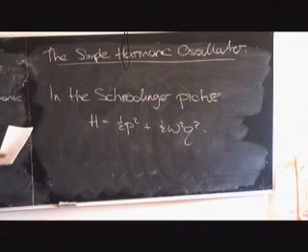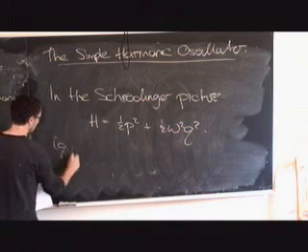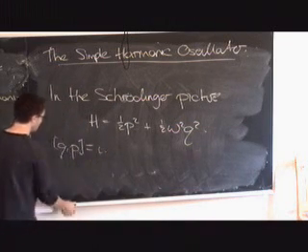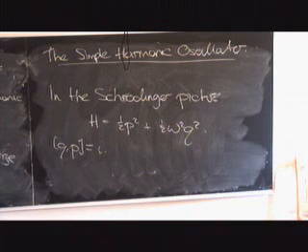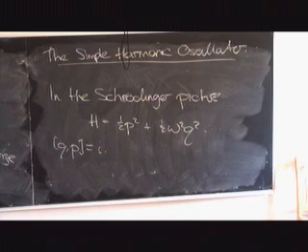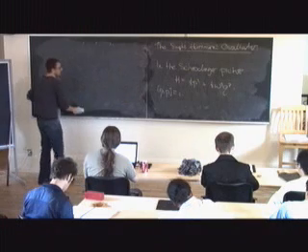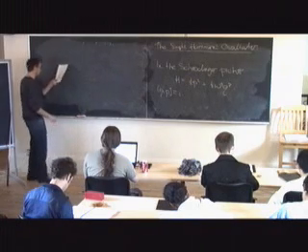This is the harmonic oscillator Hamiltonian, and Q and P are operators now which have familiar commutation relations.